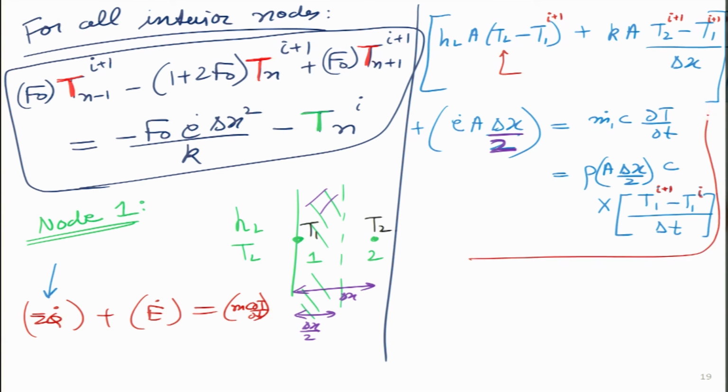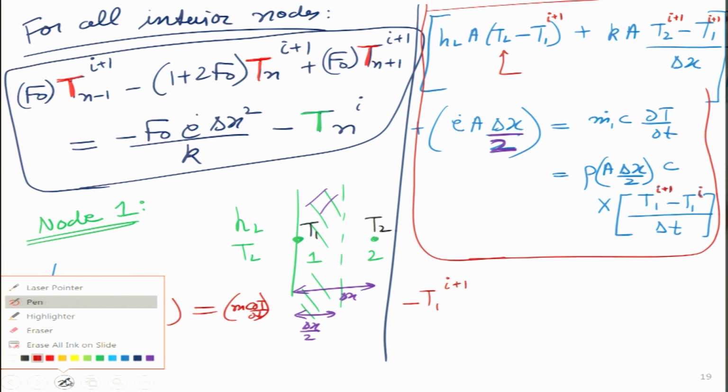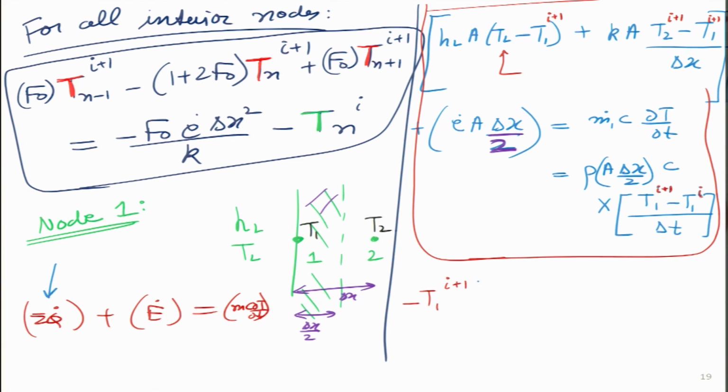So, this one I can simplify, it involves certain steps. Those steps I can just mention over here. So, I will get minus T1 i plus 1, then bracket start, and what we get is 1 plus twice Fourier 1 plus Biot left.